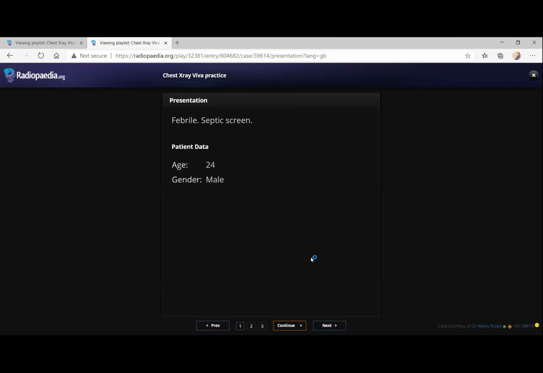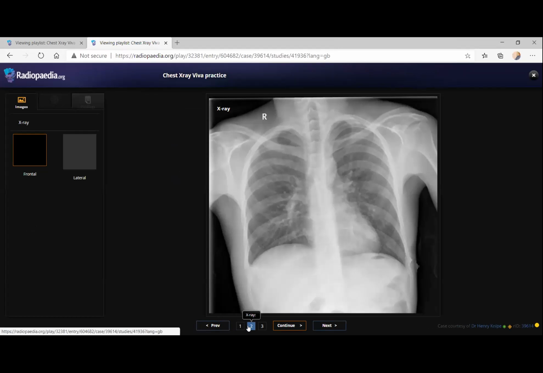Okay, so this is a 24-year-old male patient who's febrile and septic. That's the chest radiograph of the same patient. It's a frontal radiograph of the chest. Both lung fields appear to be unremarkable.